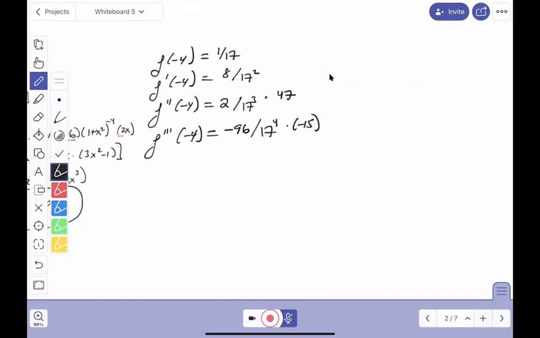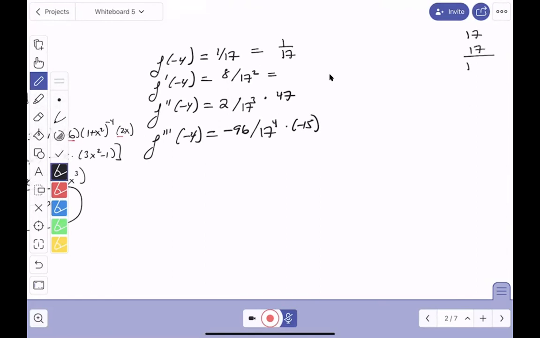I know it's tough, and I make mistakes all the time too. So it's going to be 1/17. Let's do 17 squared. That would be 289.